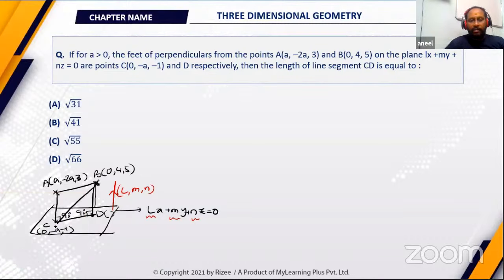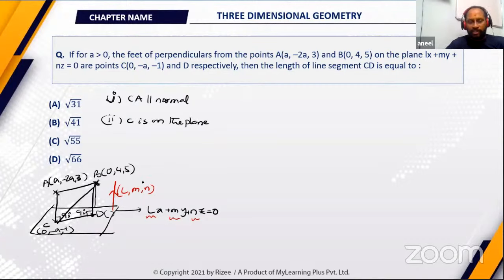The first observation we get from the diagram is that the line CA is parallel to the normal. The second observation is that the point C is on the plane. With these two things, we would try to manage.